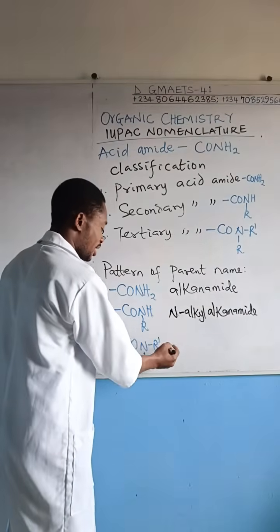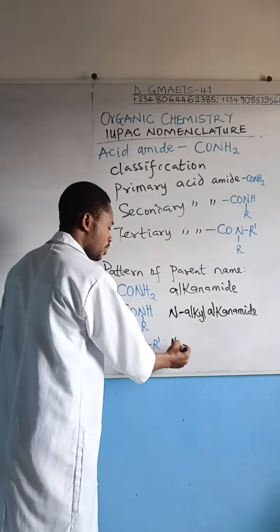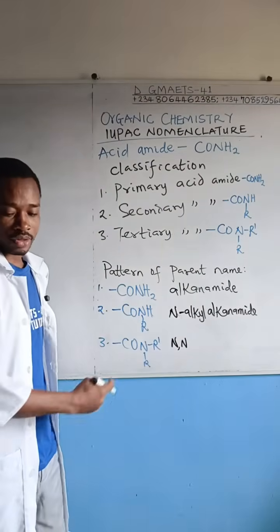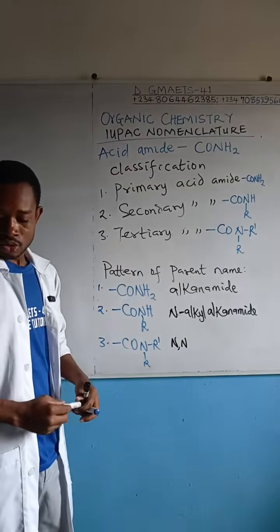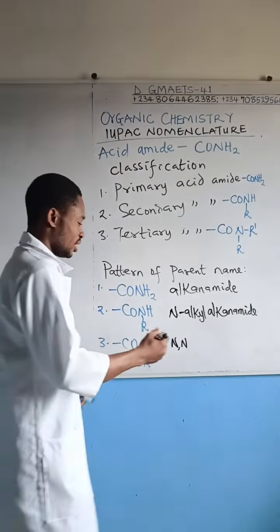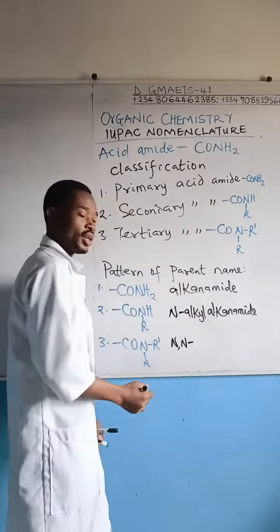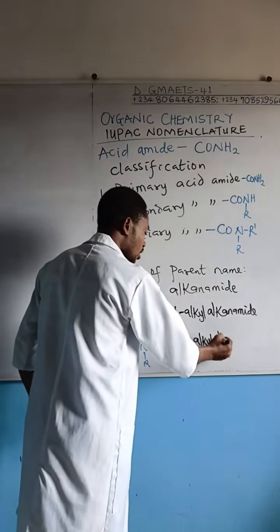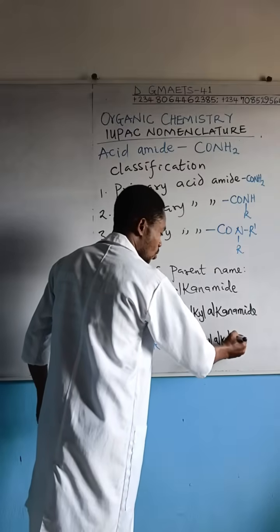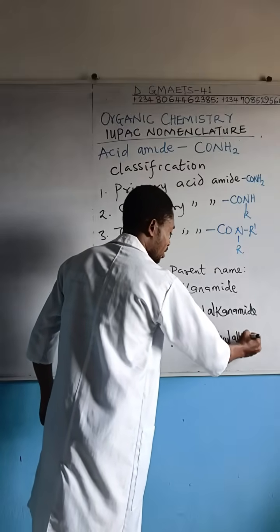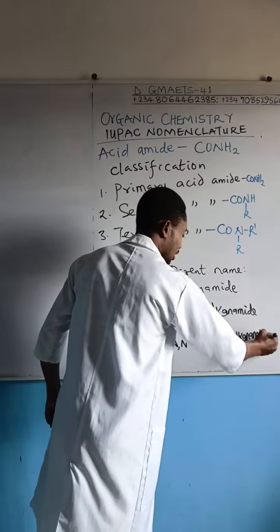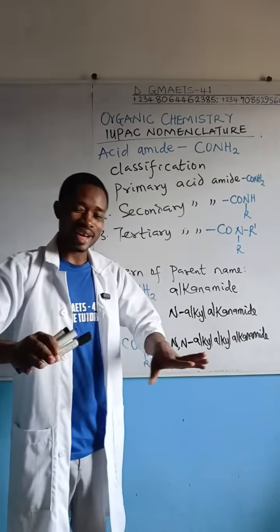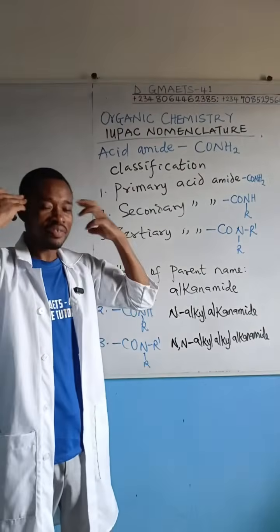So it follows this pattern, and the pattern of naming the parent is N,N, with a comma separating the two Ns, then a hyphen, then alkyl, alkyl, alkanamide. Someone may wonder, what is he saying? By the time these are broken down and explained, you will be able to name any structure you are given.